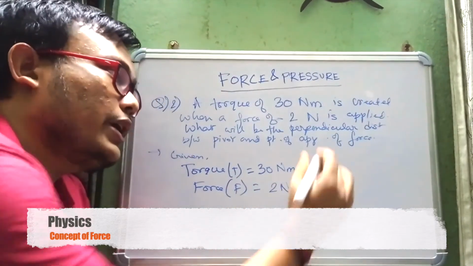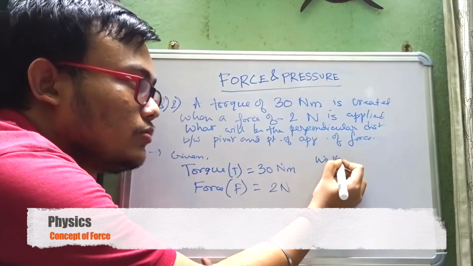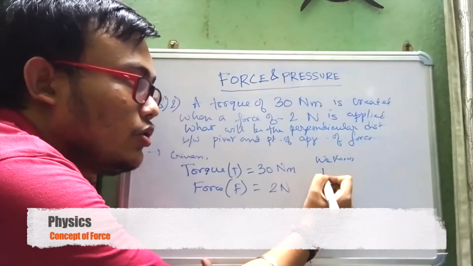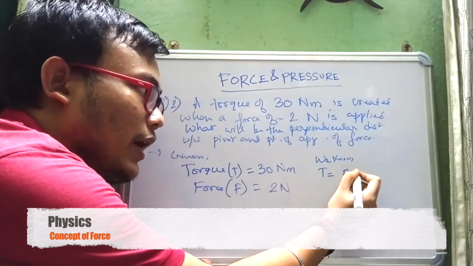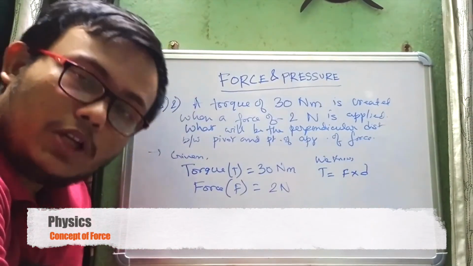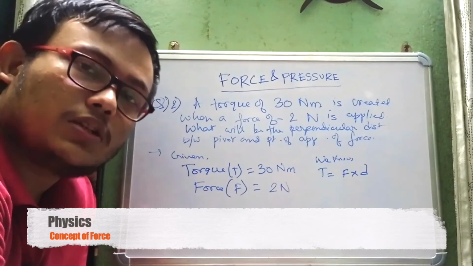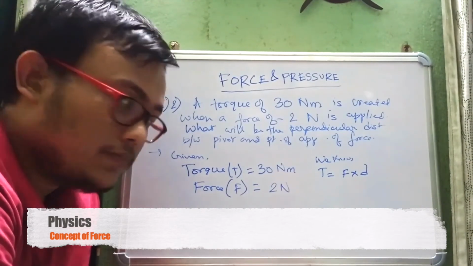So we know that torque is a product of force and distance, which is the perpendicular distance between the point of application of force and the pivot.